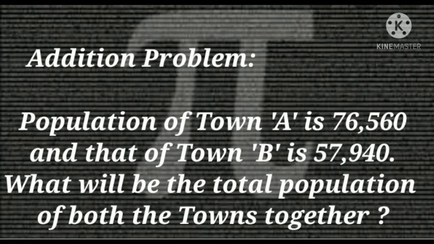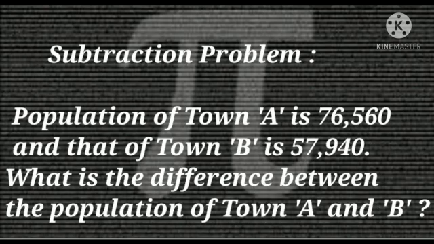After this, we are going to frame a subtraction problem. Population of town A is 76,560 and that of town B is 57,940. What is the difference between the population of town A and B?